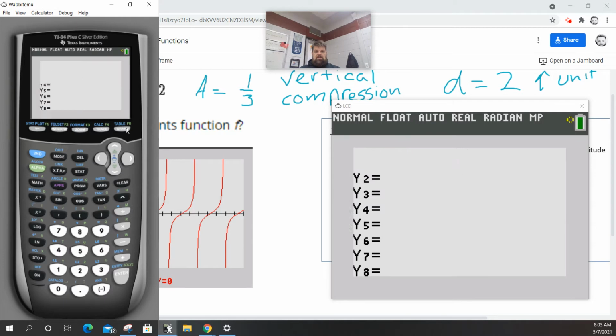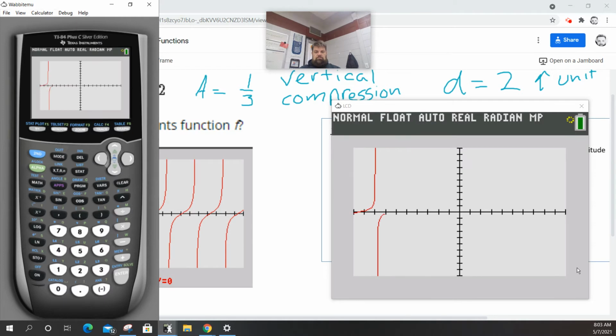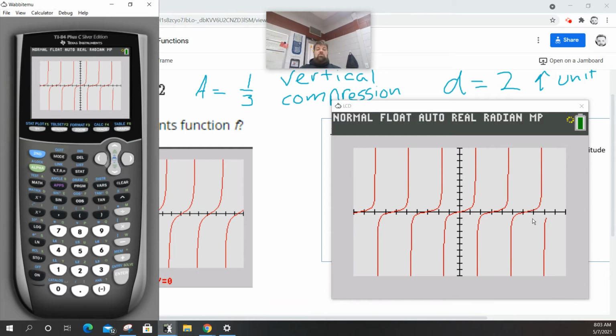And then I'm going to graph that. And you may not, it's subtle, but it's there. What it does is it's compressing it vertically because the y values are 1/3 of what they were originally.